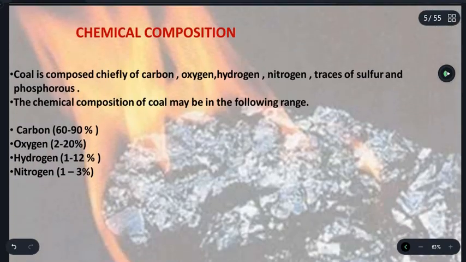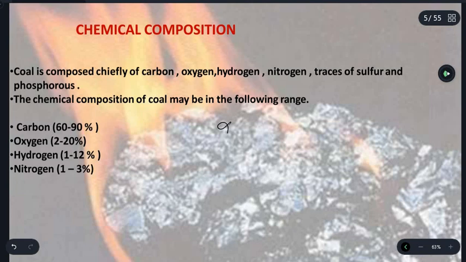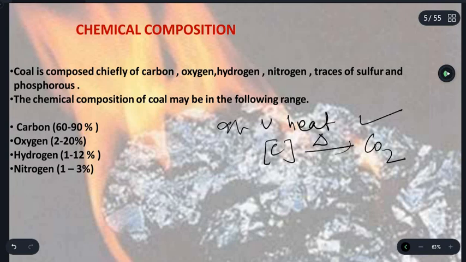Okay, next we will go on. If you heat the coal, if you heat the carbon compound, you will find carbon dioxide. Am I right or wrong? If you heat the carbon, you will get carbon dioxide.